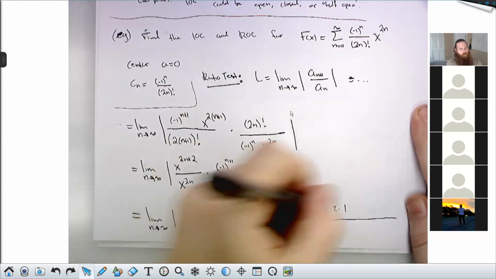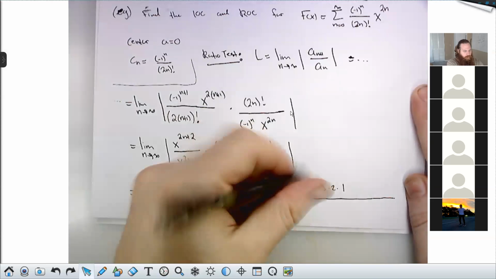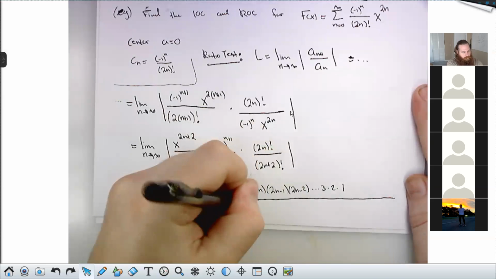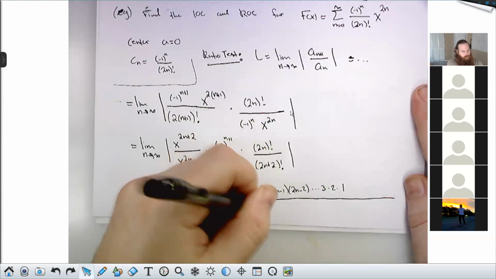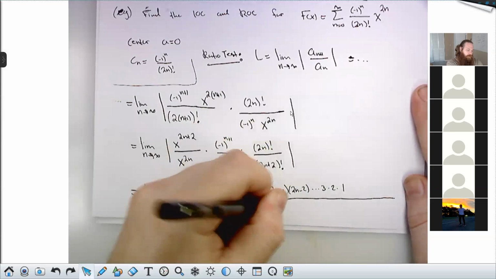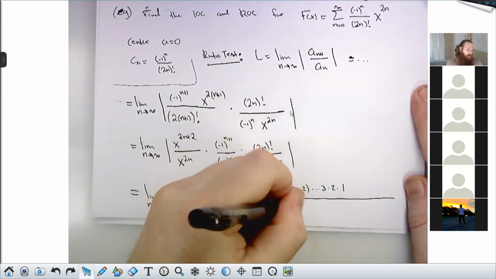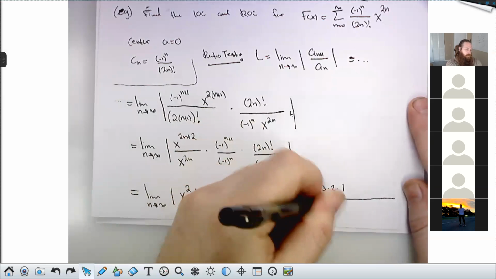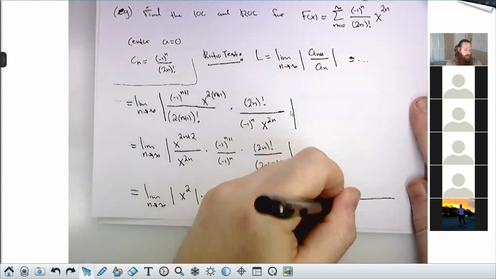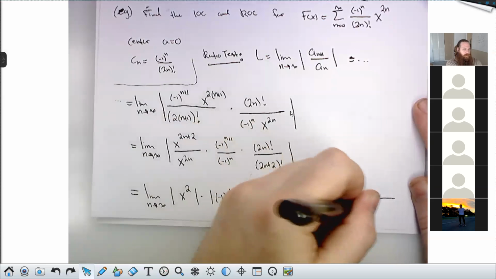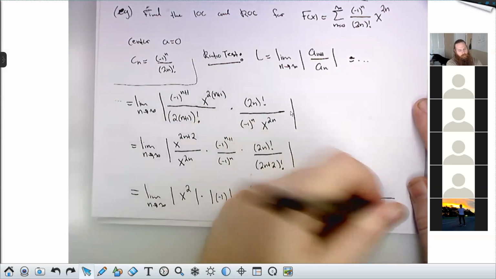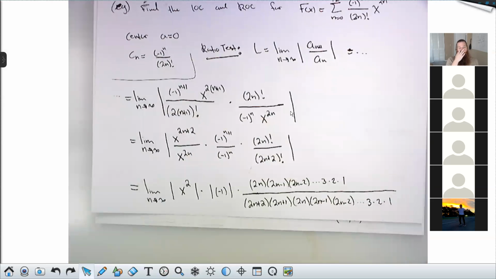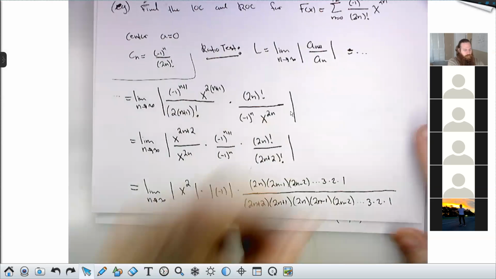That's 2n factorial. 2n plus 2 factorial is 2n plus 2 times 2n plus 1 times 2n times 2n minus 1 times 2n minus 2, all the way down to 3 times 2 times 1. And you see the cancellation here.